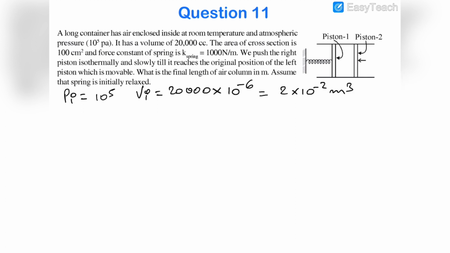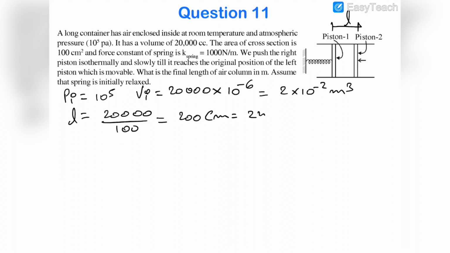And this distance is, let's suppose, L, the length of the gas column initially. So L will be equal to volume upon area. So L is equal to 200 centimeter. So it is 2 meters initial length.